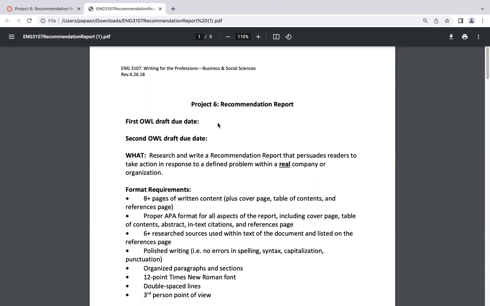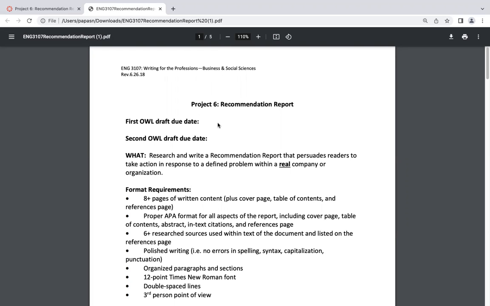Project 5 was the annotated bibliography, where you wrote about different sources that are going to help you with the recommendation report. And now we come to that project where many of the other assignments were leading.